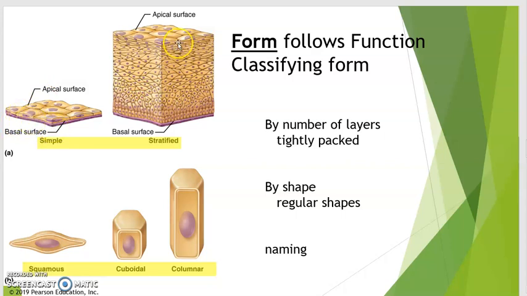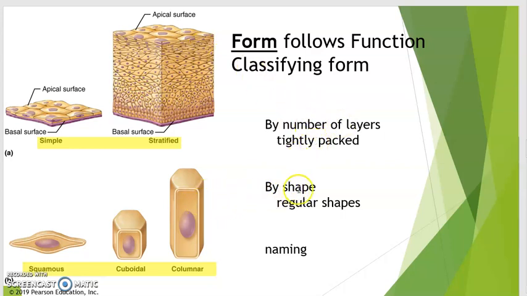The same way, if you needed more cushioning, like on the neck of your wolf, so its mama can pick up her puppies by the neck, you have the same basal layer, but a lot of cells tightly packed in a stratified tissue with an apical or top surface that is nice and flat. So this is a way to look at form follows function by number of layers.